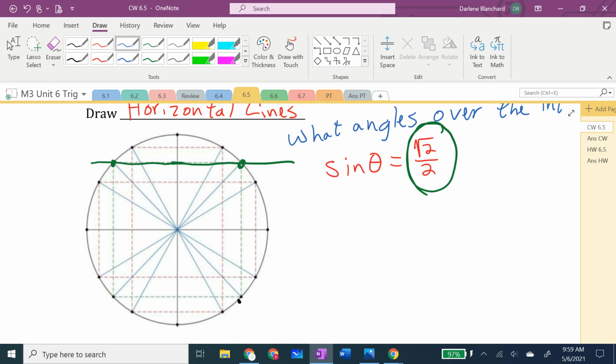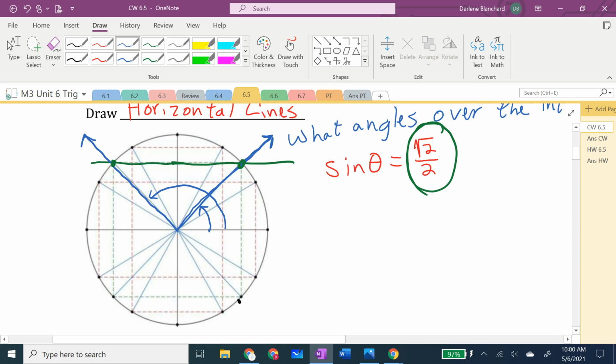So what you're actually finding is the angle whose rotation takes you to this terminal side and the angle whose rotation takes you to this terminal side. And there are two answers.